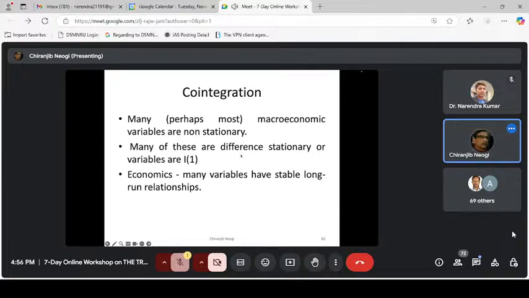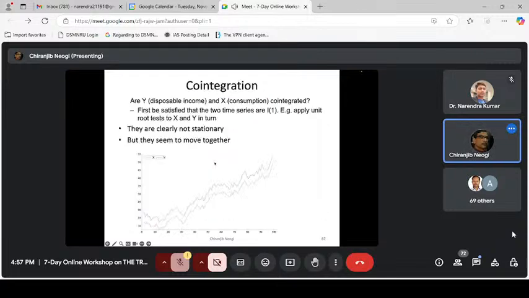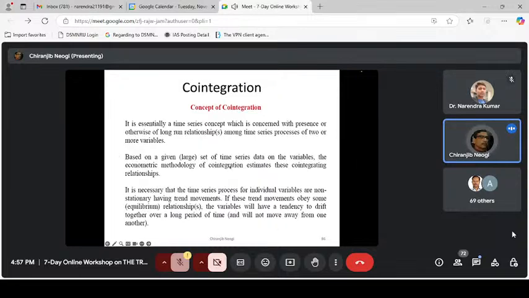The concept of co-integration is essentially a time series concept which is concerned with the presence or otherwise of a long-term relationship among the series processes for two or more variables, based on a given large data set of time series data on the variables.